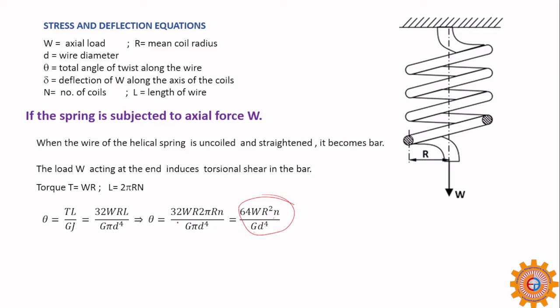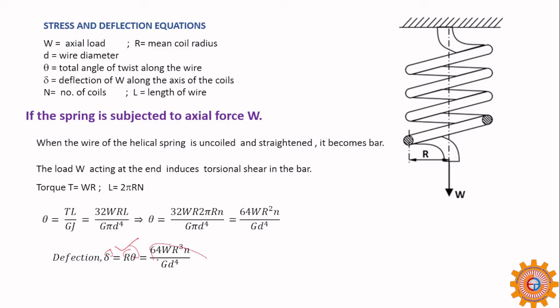You can also derive this one: R square, 2 into 32 gives 64. Here you can write capital N or small n, it is the same. Deflection is arc length, r theta. So arc length is the deflection, r theta.